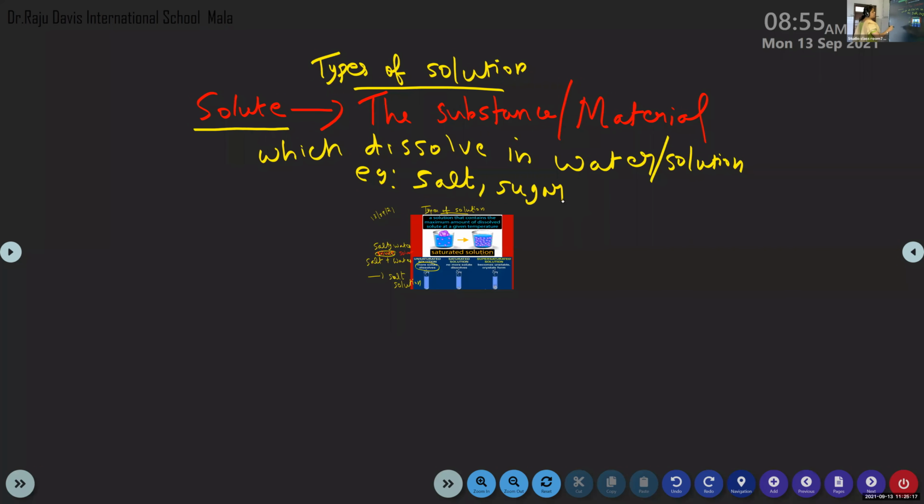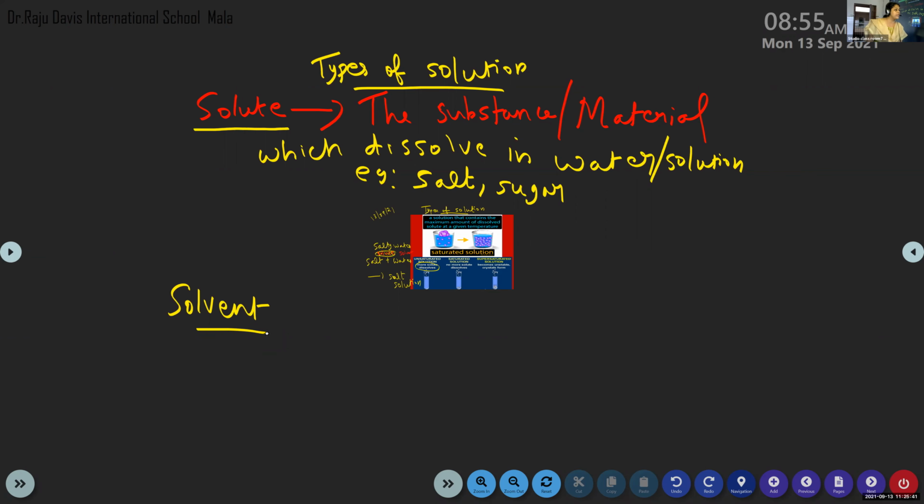Clear? Usually, for a solution we discuss how much substance is dissolving. We don't give muddy water as a very common solution. Solution means something which undergoes chemical reaction actually. For example, salt and water. Why is salt dissolving?